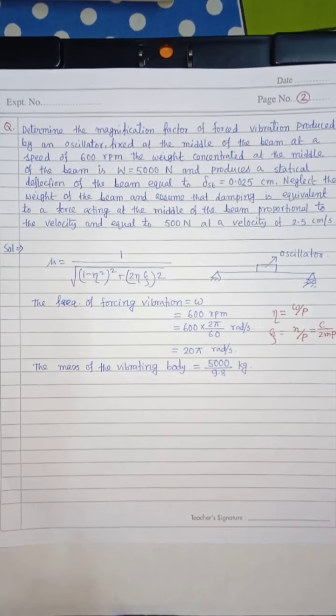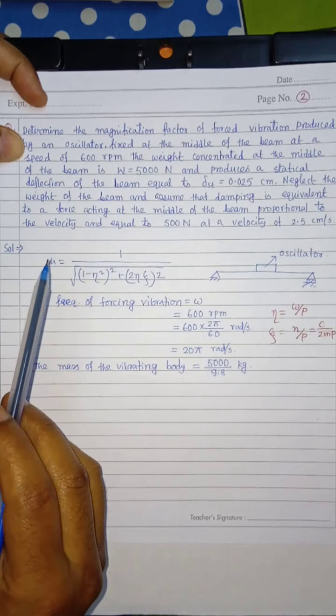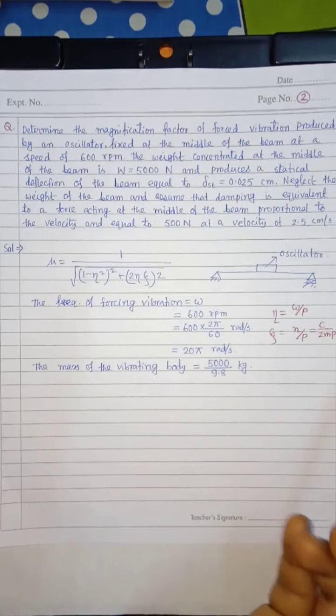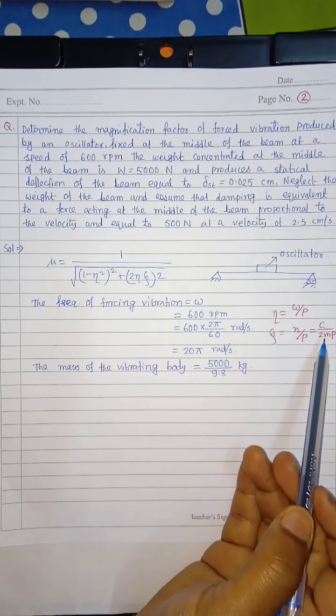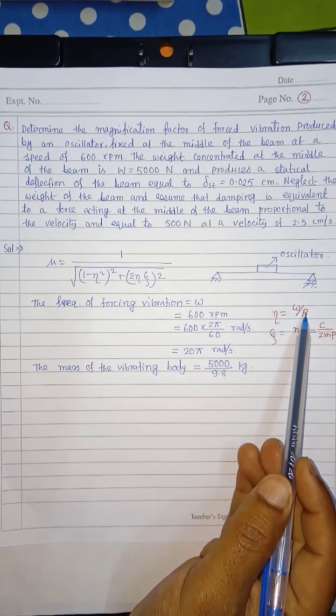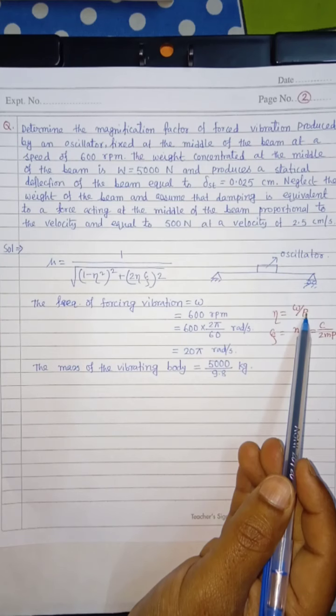Now this static deflection is given here, and we have to find the omega, p, c. If you want to find p, that p is equal to root under k by m.